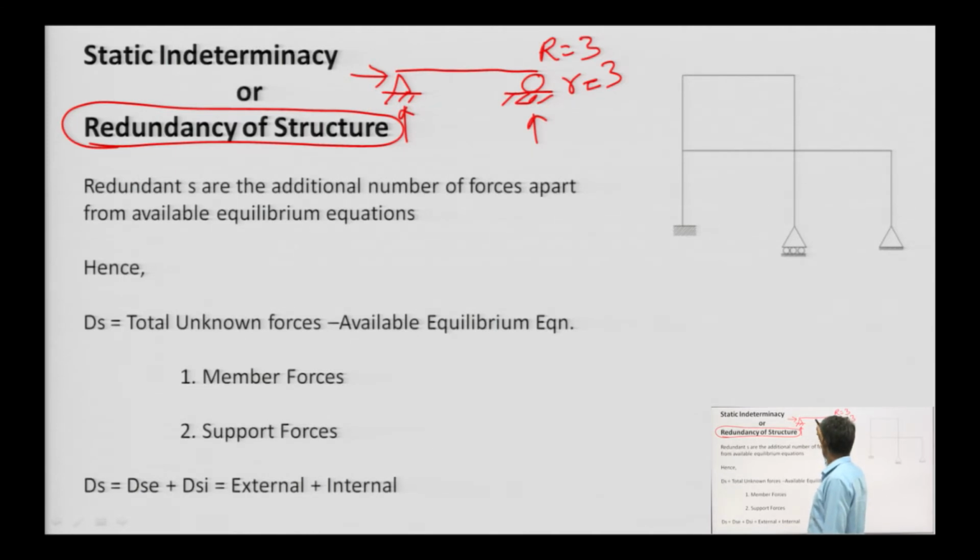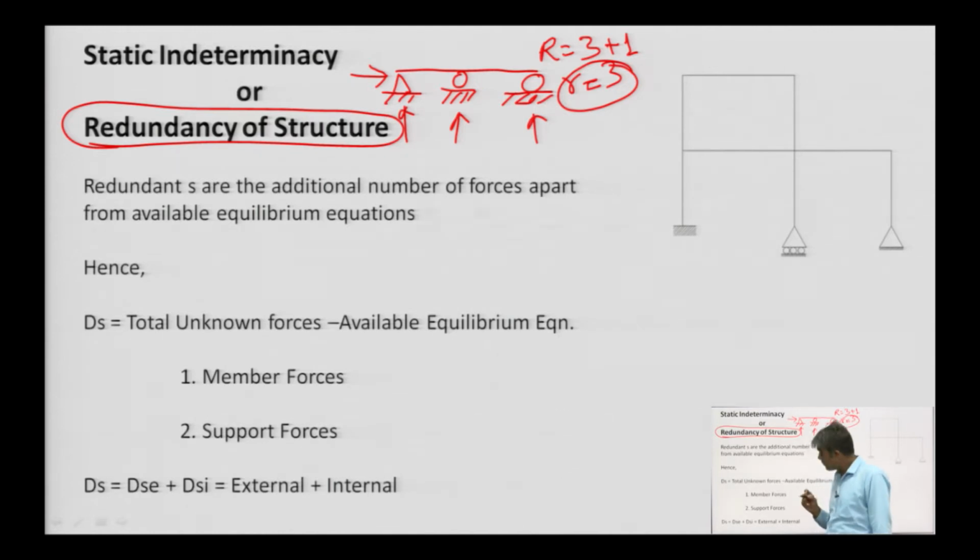But if the number of supports is increased by further adding a roller support here, then the value of R will be 3 plus 1, meaning 4, but the equilibrium equations available to us will be 3.